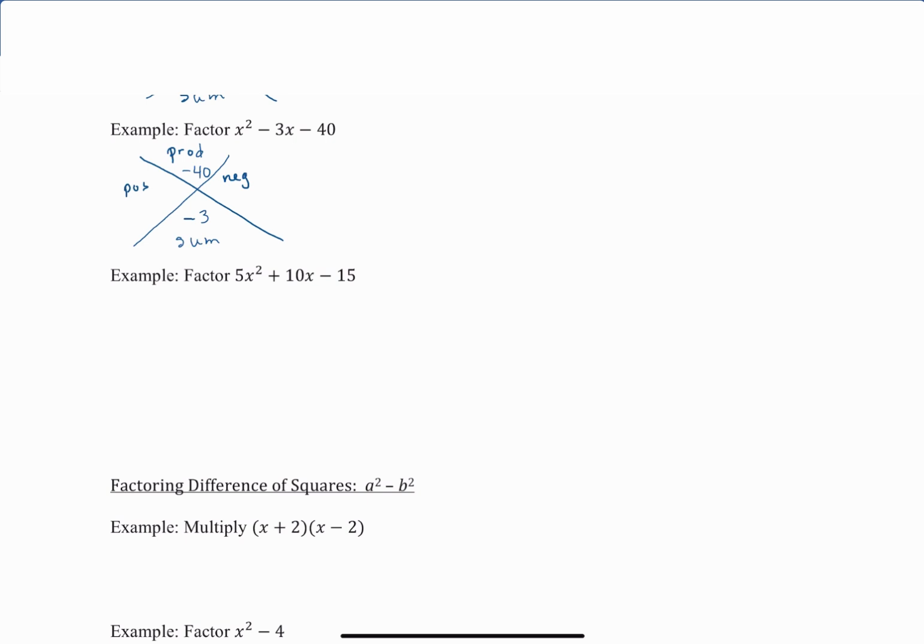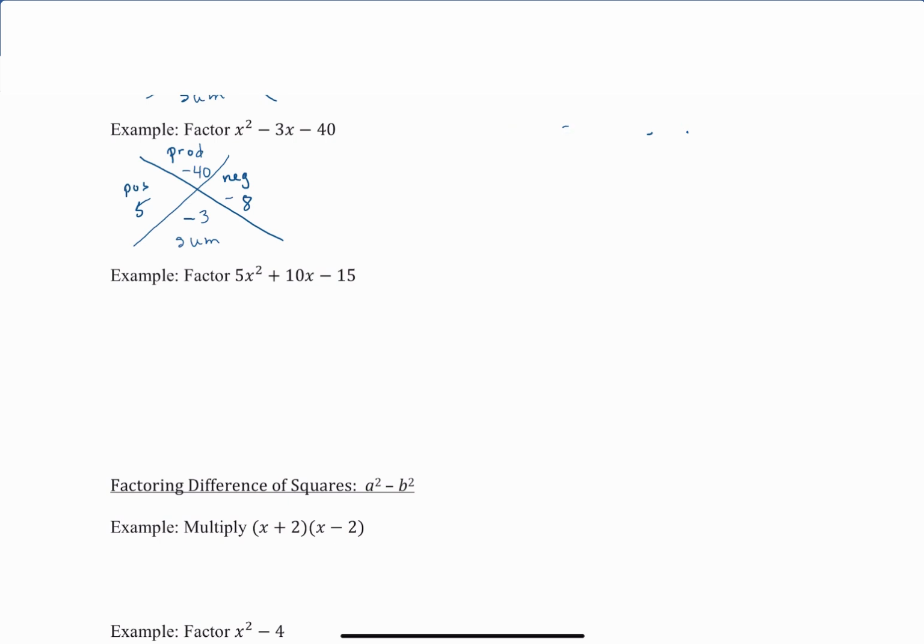Let's see, 40 could be 40 times 1, that won't add up to any kind of 3. Or it could be 20 times 2, that's not going to do it either. It could be 10 times 4, can that add up to a 3? Nope. What about 5 times 8? Oh, that looks good. So a 5 and an 8. Let's see, I need the 8 to be negative so that they add up to negative 3.